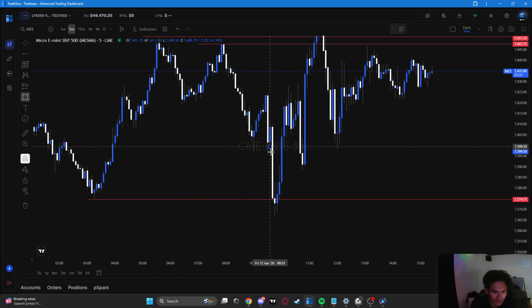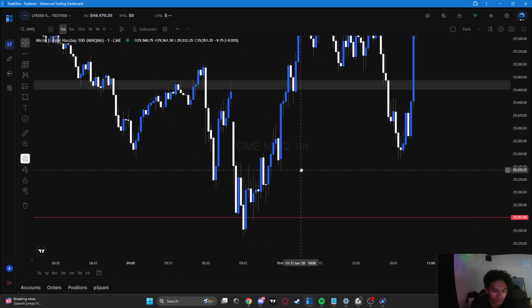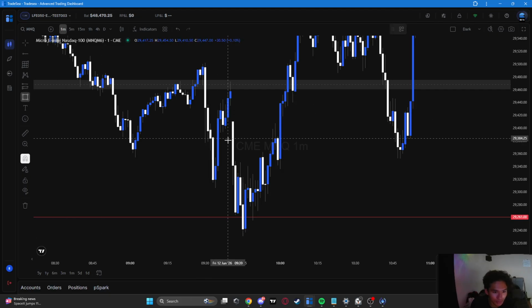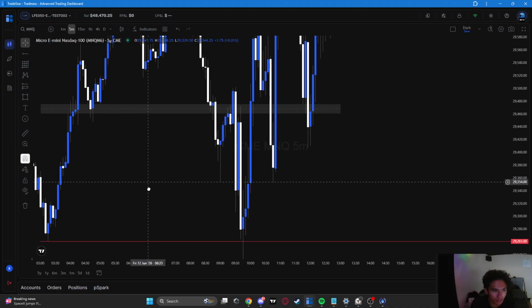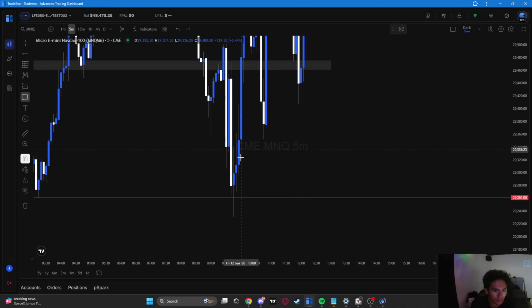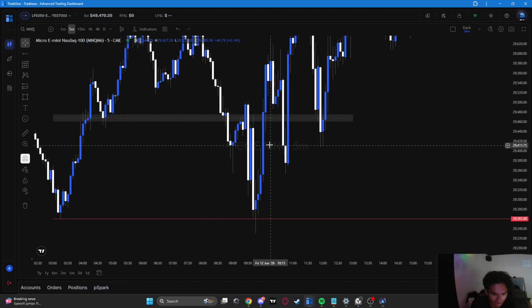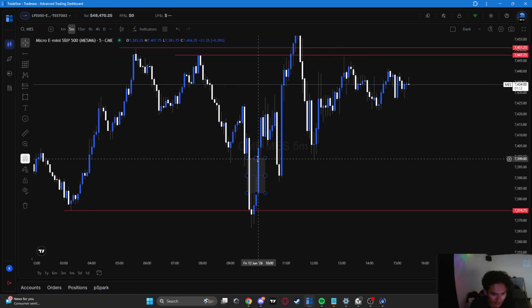So we started inversing these gaps, and we saw, this is the 1 minute, we saw the break structure. So this was at 10 o'clock, broke structure on NQ, ES, inverse the gap at 10 o'clock.